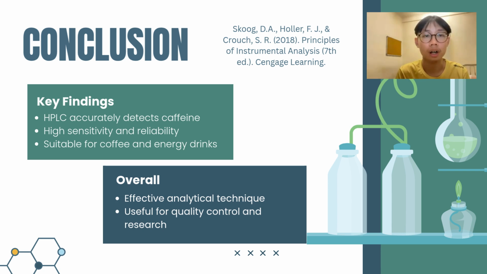Although there are some limitations, such as high cost and the requirement for skilled handling, HPLC remains an important technique because of its precision and dependable results. Therefore, HPLC is widely used in quality control and research applications.